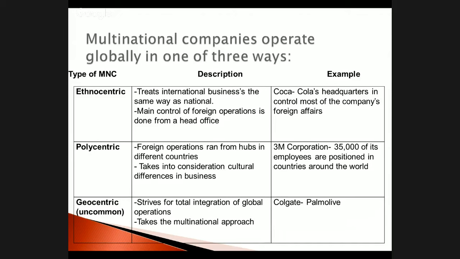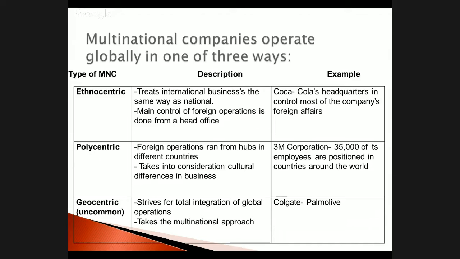Essentially, companies that run a polycentric operation believe it's hard to understand foreigners or different cultures, so it's best to leave the national or geographic divisions to make decisions and run those different areas.